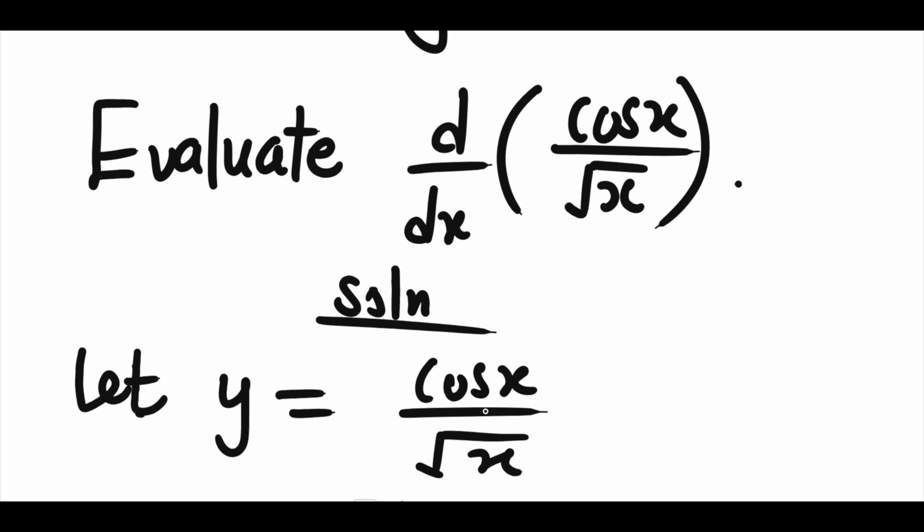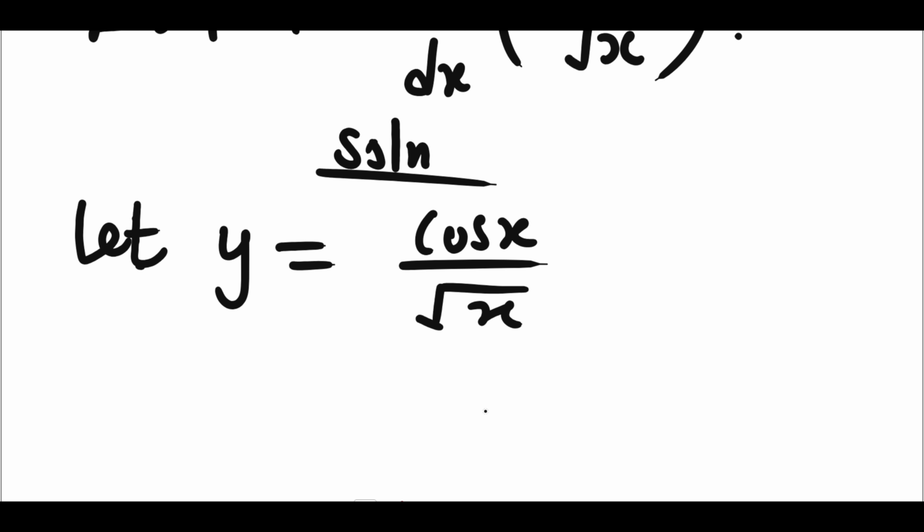So this is the function that you have to differentiate. You could see that the function is in a fraction form. That is a rational function where the denominator is not equal to 0. So having a function in this form, the best rule to use here is the quotient rule.